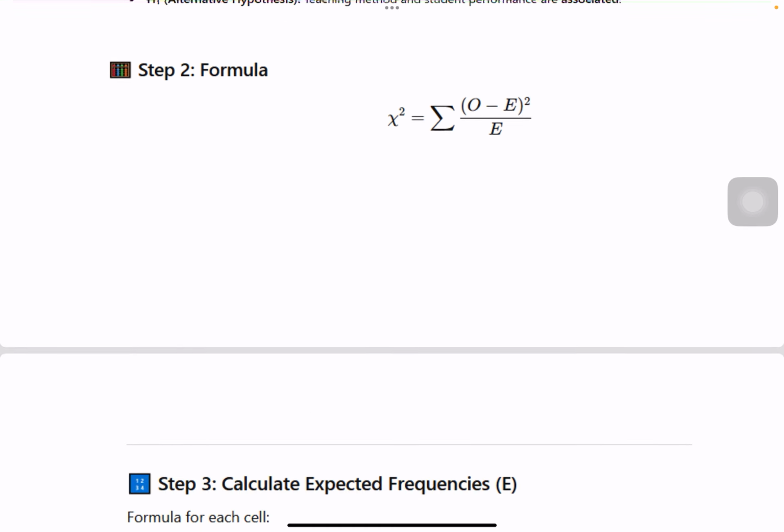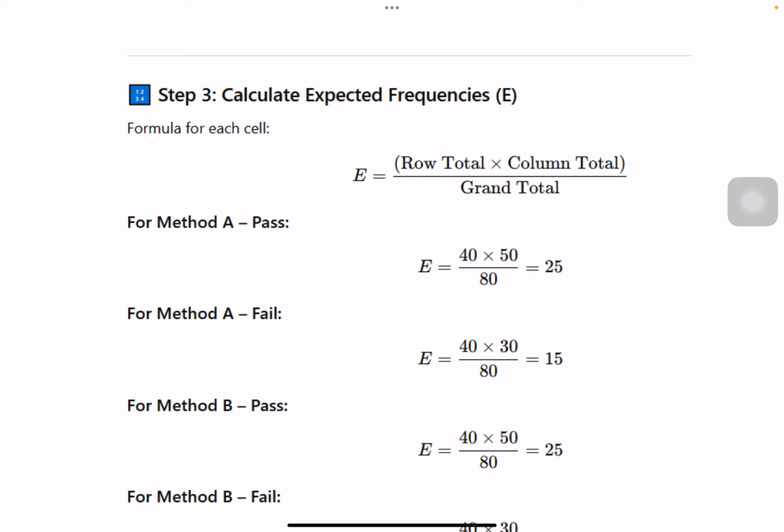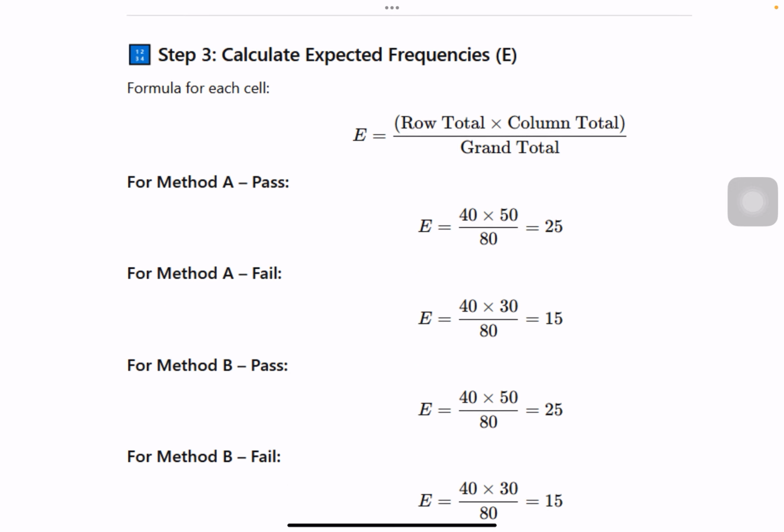Here we have the formula of chi-square, which is X square equal to sigma of O minus E square divided by E. We use this formula for both goodness of fit and test of association. Now we will calculate expected frequencies E. For the test of independence, E is equal to row total multiplied by column total divided by grand total.